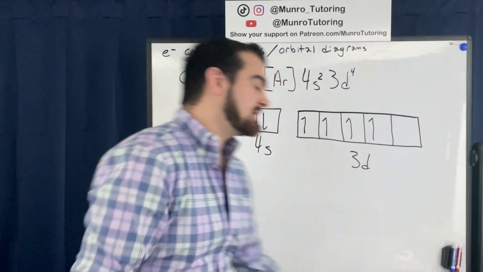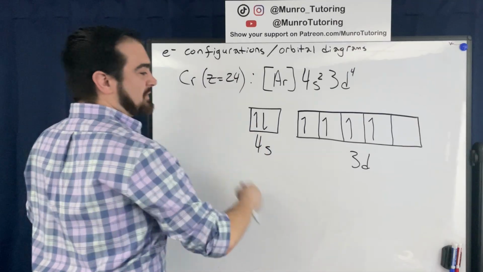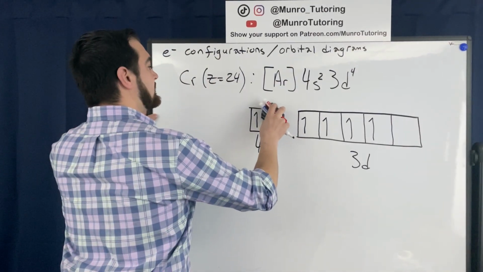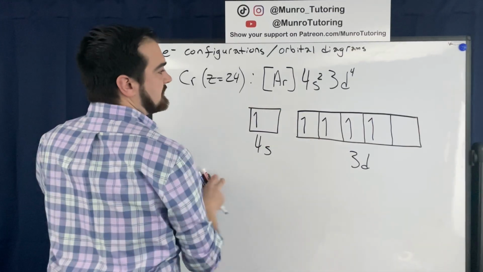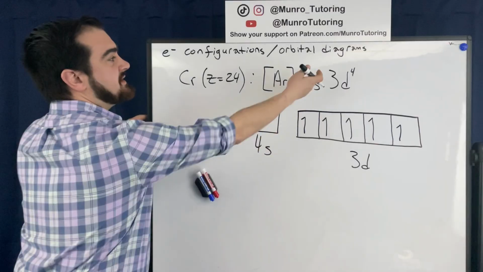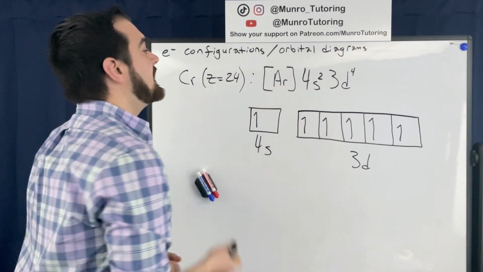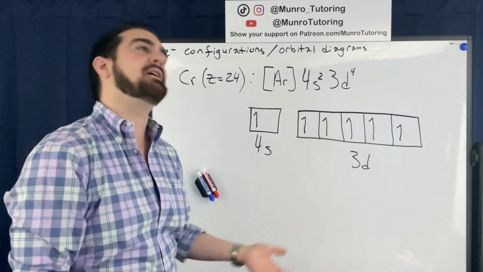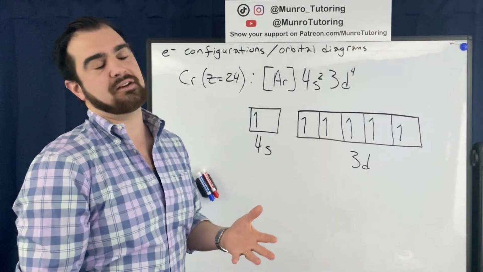So over here, I kind of got ahead of myself. Over here, what I want to show is we're going to move this electron. It's not going to be here anymore. And it's going to jump over here. And so then this is actually not correct. Now, you don't have to draw out the orbital diagram to figure this out. Once you've seen it, you can just think, okay, d has 5 orbitals.